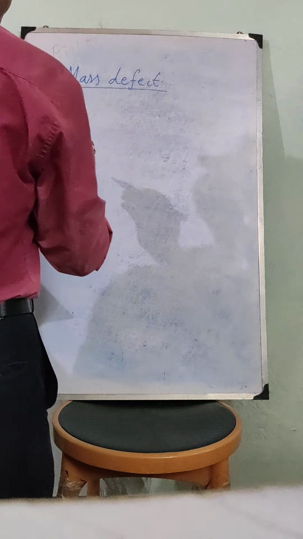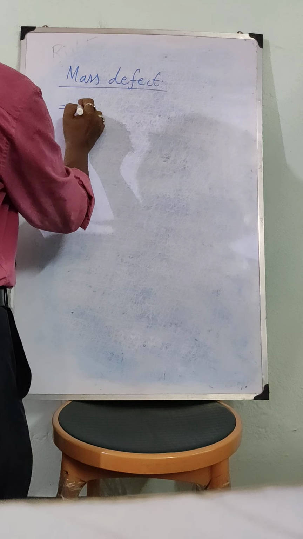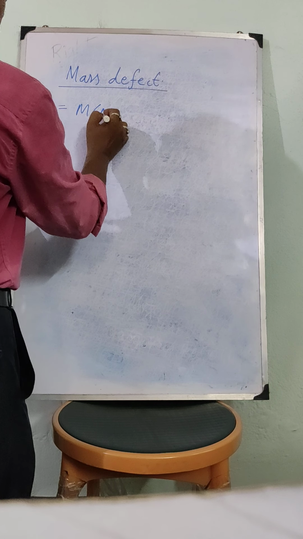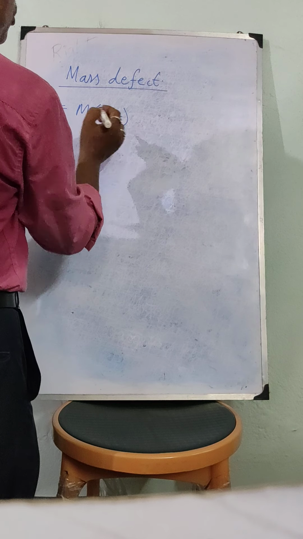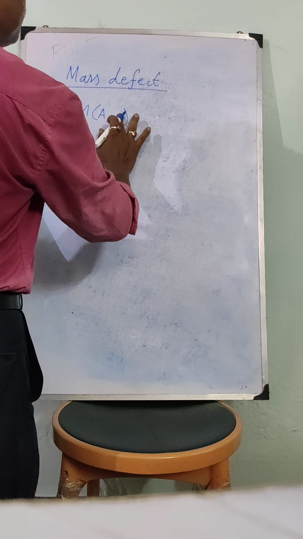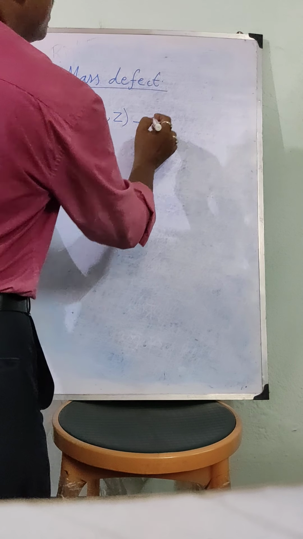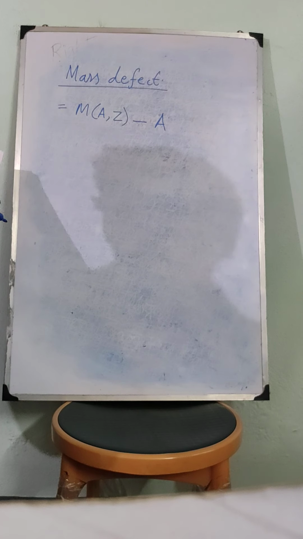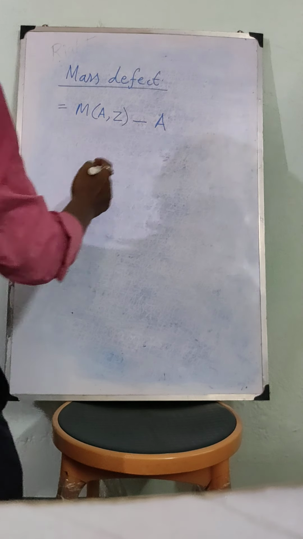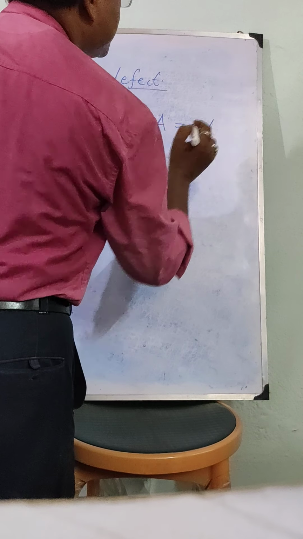So mass defect is equal to the mass of the atom of mass number A and atomic number Z minus the mass number A. We denote it, suppose we call it, delta M dash.